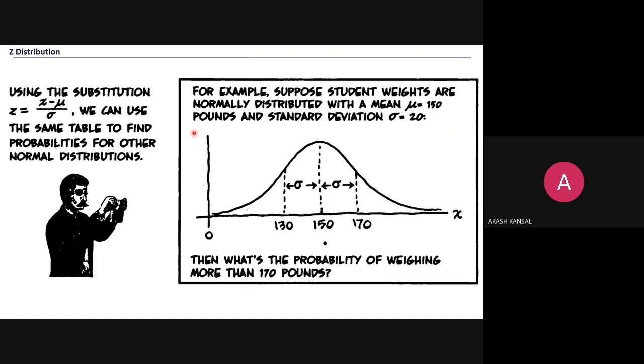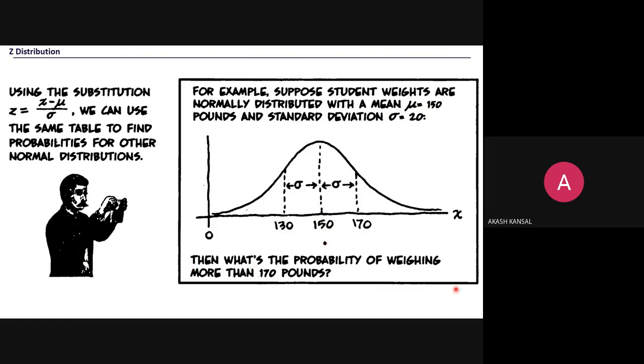The measurement unit is pounds here for weight. This is the curve that they follow. So your upper value, mu plus sigma, would become 150 plus 20, which is 170, and this lower value, mu minus sigma, that is 150 minus 20, is equal to 130.